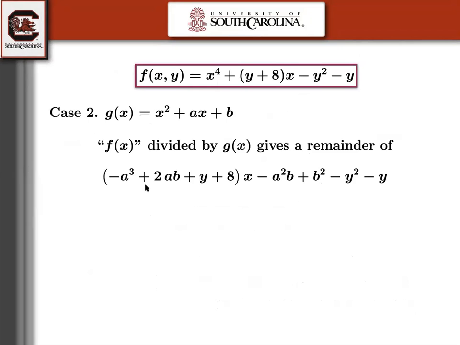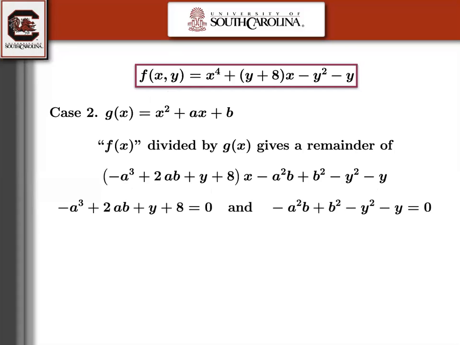So the remainder is going to have a coefficient for x and a constant term because we're dividing by a quadratic. And what we're interested in is g of x dividing f of x, y. So we want this remainder to be 0, which means both of these coefficients have to be 0. So we end up with 2 polynomial equations equal to 0.